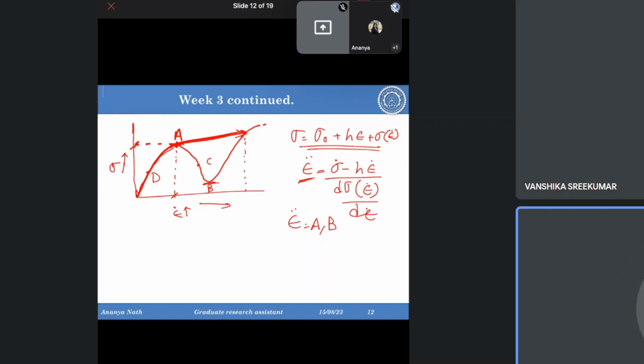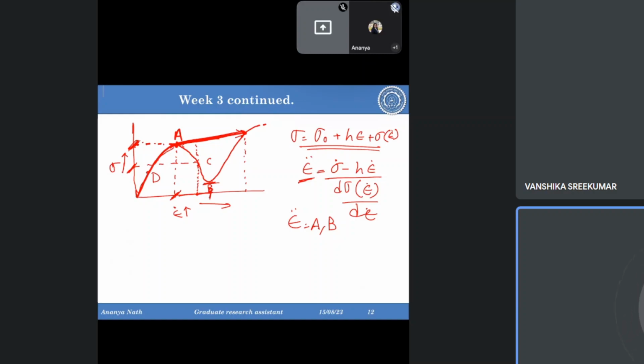So the material is experiencing a much higher strain rate at the same level of stress. Again, when we increase the strain rate to this position B, at C the strain rate is supposed to be this much and the stress is supposed to be this much. But at C, the material is having this much stress.